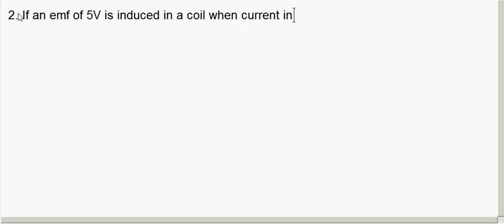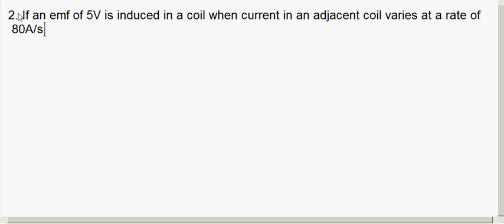If an EMF of 5 volt is induced in a coil when current in an adjacent coil varies at a rate of 80 ampere per second, what is the mutual inductance of the two coils?